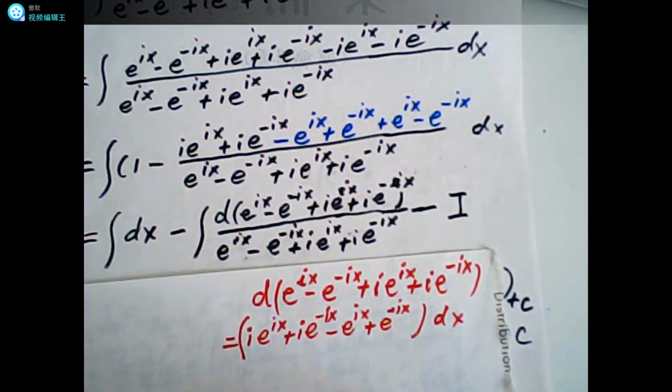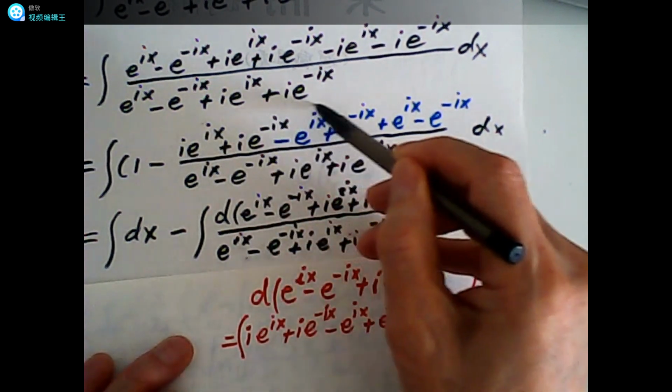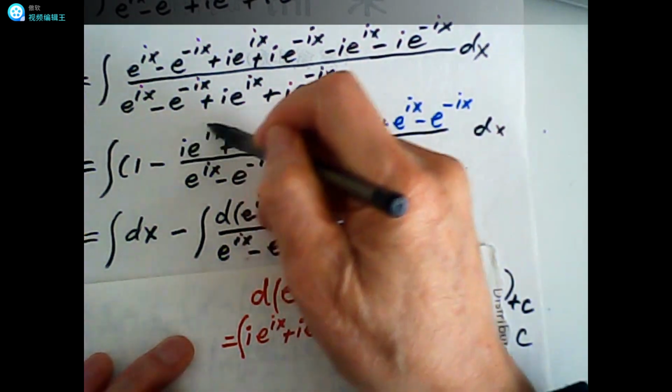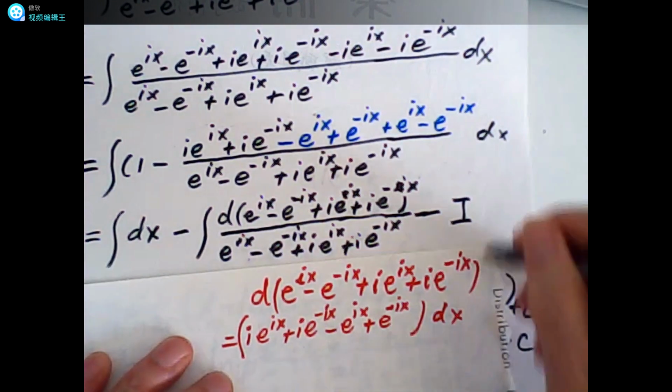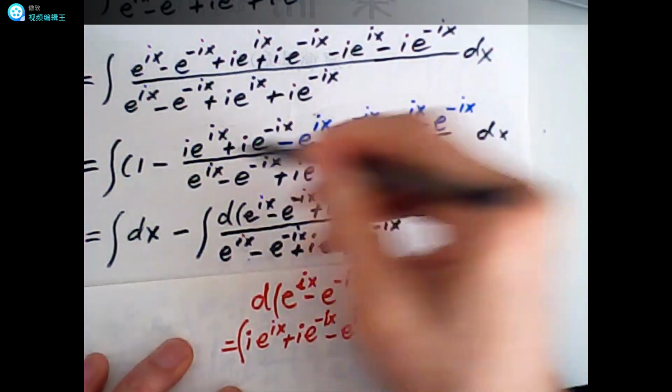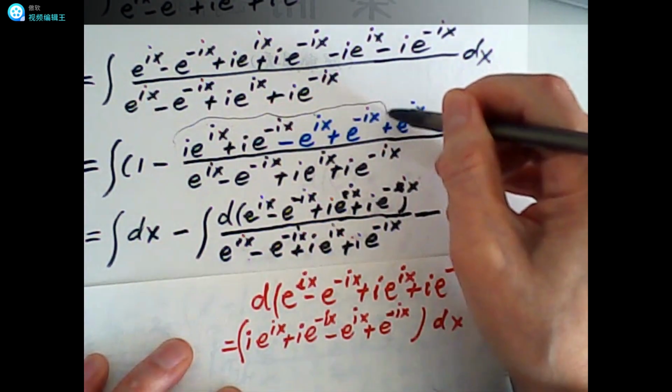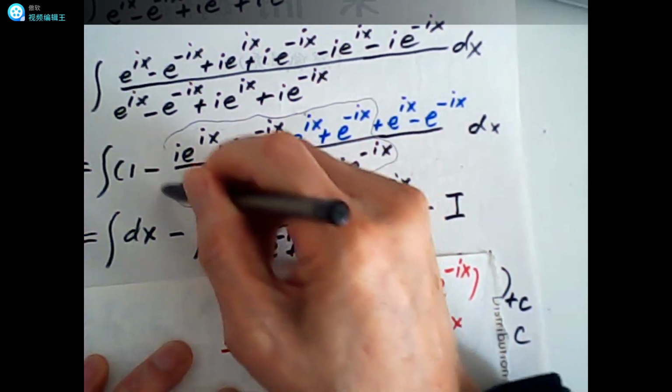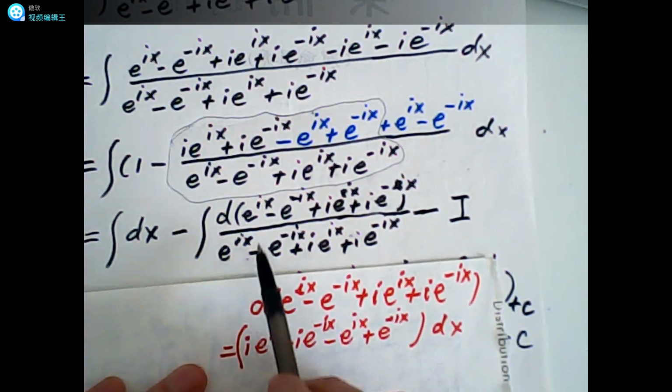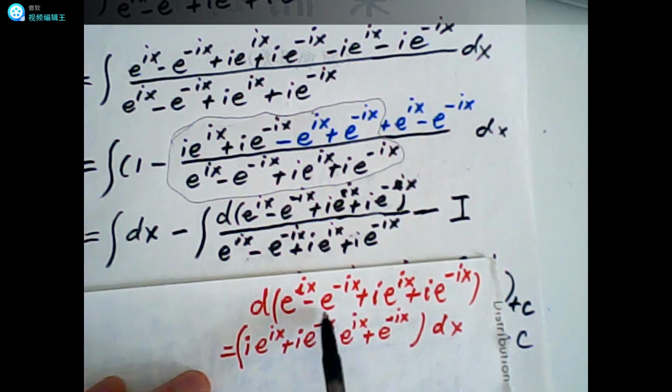Then these 4 terms together with denominator becomes this, because these 4 term derivative is this.